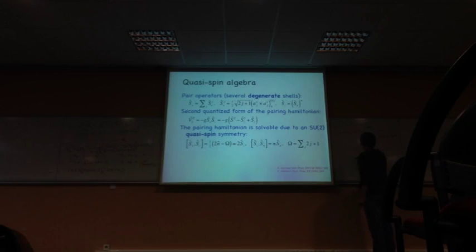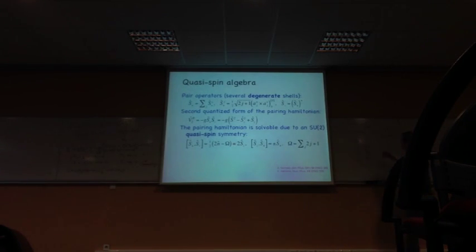So you have a number of orbits. This could be the tin isotopes, so you have 50 to 82. You have neutrons, and they are in the d5, g7, h11 orbits, something like that.